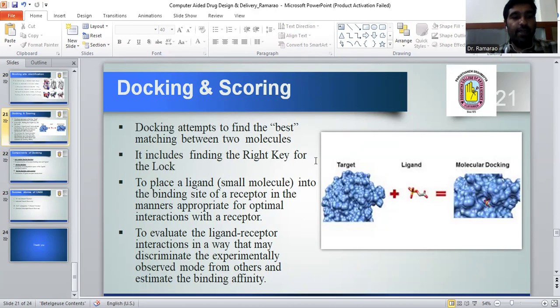Presently, it is broadly applied to virtual screening and the optimization of lead compounds. Here, target plus lead equals molecular docking. So we evaluate ligand-receptor interactions in a way that may discriminate the experimentally observed mode from the others, to estimate the binding affinity. Now, important.